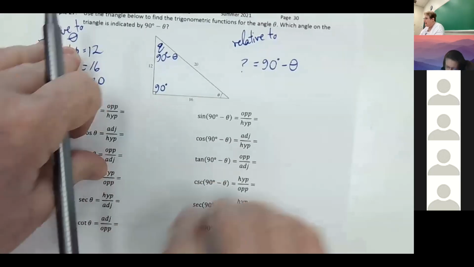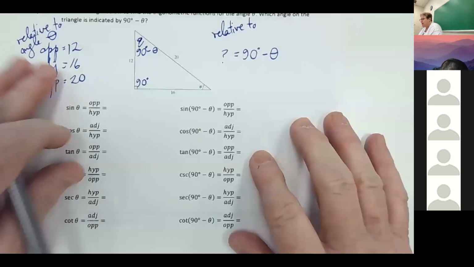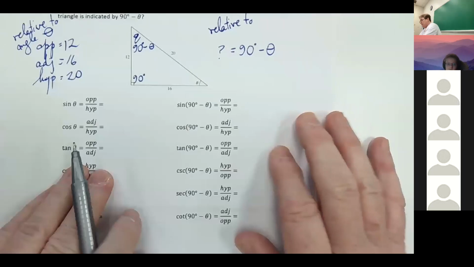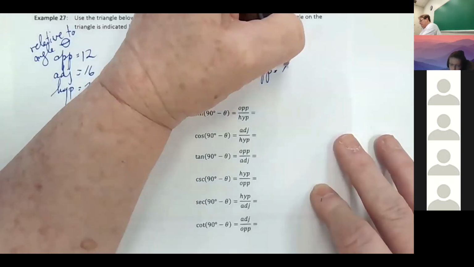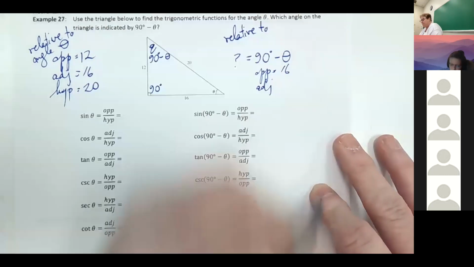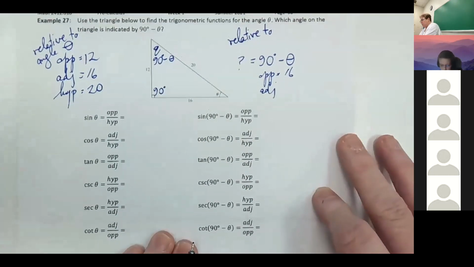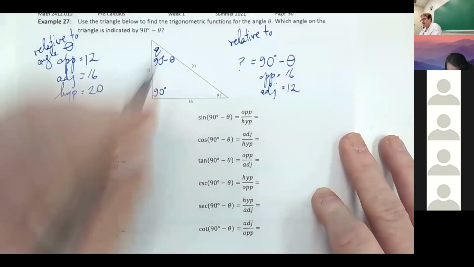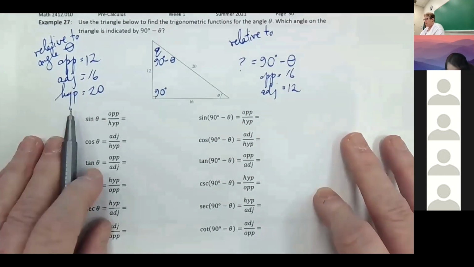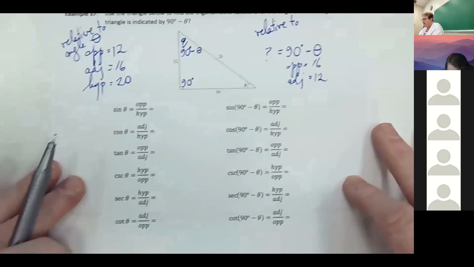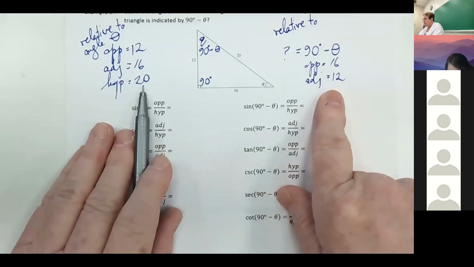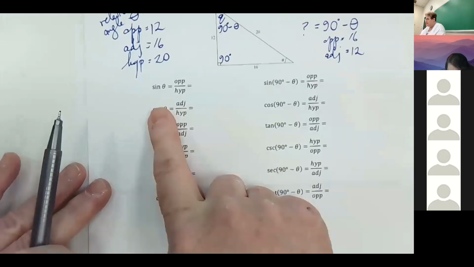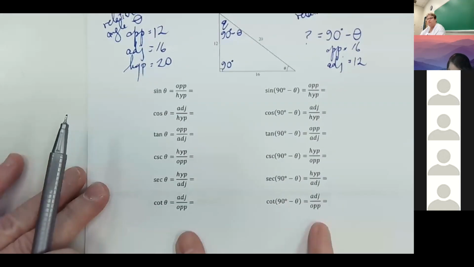With respect to that angle, what is opposite? And adjacent? And of course, the hypotenuse stays the hypotenuse. Do you see that by identifying the sides in this way, it's really easy to write down all the values.